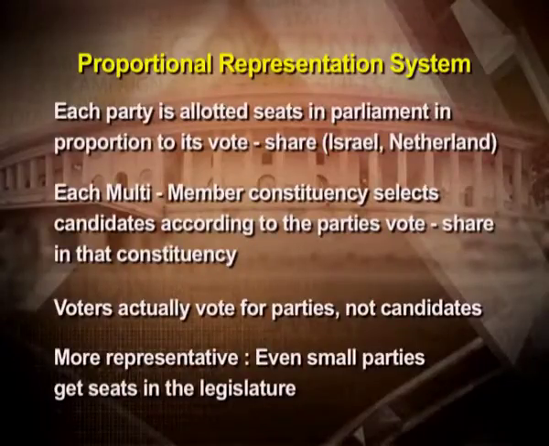The parties choose the candidates who will ultimately represent them in the legislature, but voters ultimately vote for parties. So, because of the proportional representation system, the smaller parties also get an opportunity to get their seats in the legislature, which they may not find an opportunity in countries with the first past the post system.